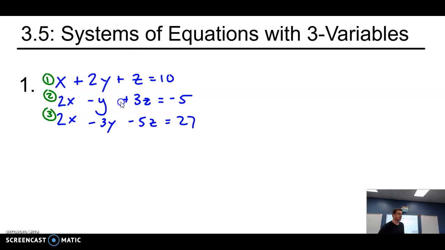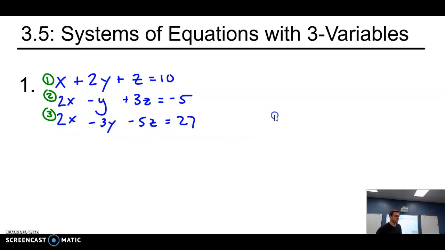As you can see, the z's would be kind of messy to eliminate. So I'm going to pick out the x's just because I see 2x and 2x. I'm going to change all the signs in the bottom equation, because then the y's and the z's will be positive.